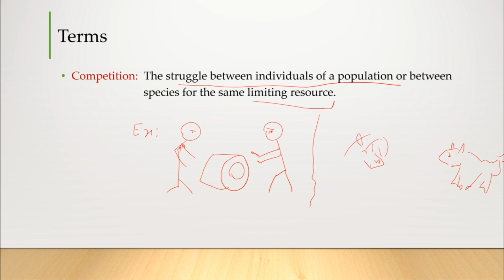Let's say this is a lion, fighting for the same limited thing, like a deer population or something like that. So two different species fighting for one limited thing. So you can say between species for the same limiting resource. That's the other example I can give you related to this.